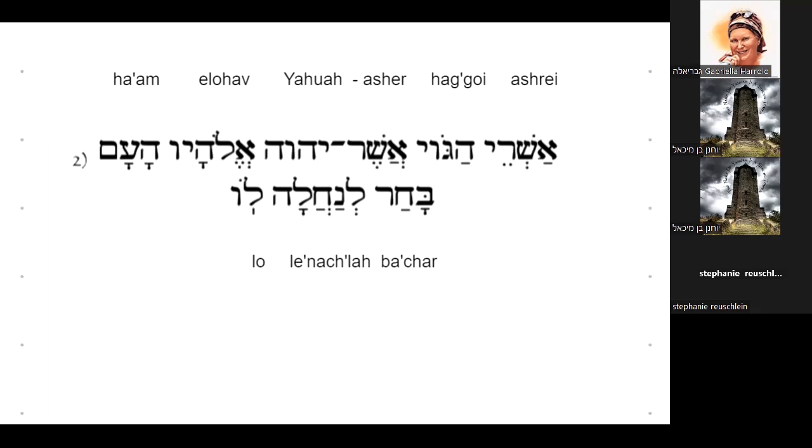So how can they be chosen, right, to inherit to him? Grammatically, it doesn't make any sense. So they are chosen as an inheritance to him or by him, right? Because he said that Yaakov is my inheritance.